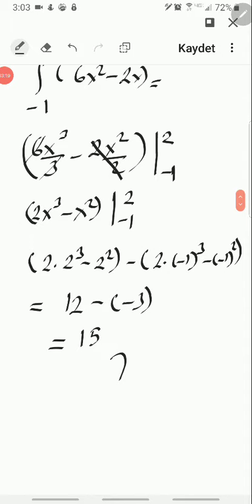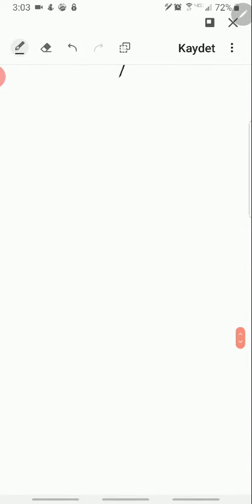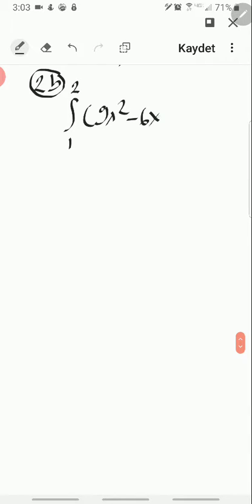Let's go on with the same page, exercise 2b. In 2b we have again an integral from 1 to 2 of 9x squared minus 6x plus 5. You see that in this case we have a definite integral with 3 terms. Let's integrate separately.